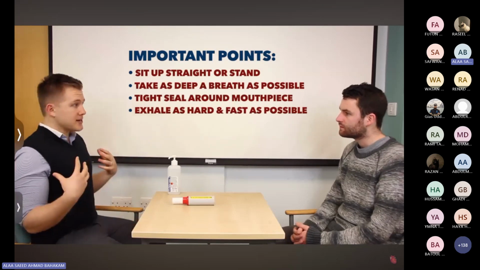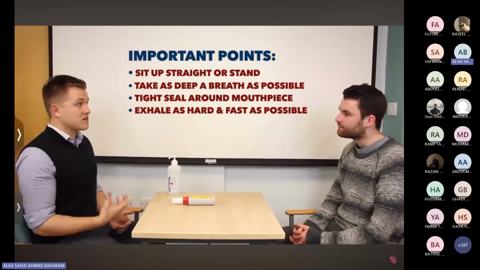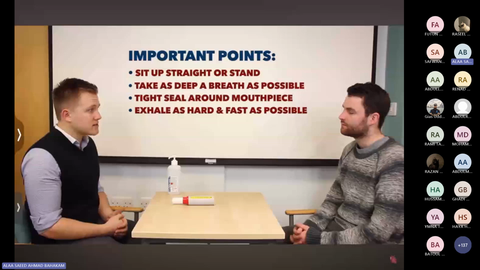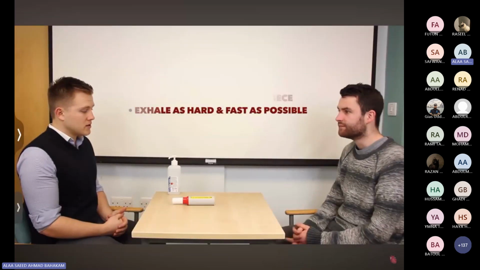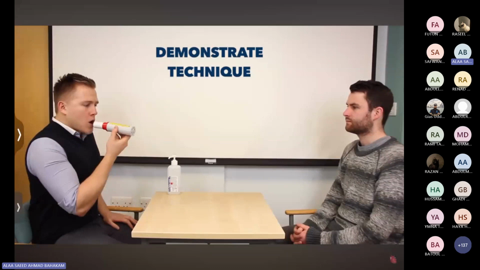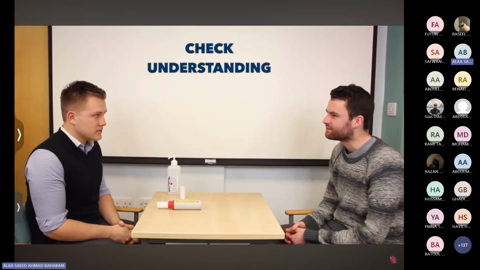These are to ensure that you're sat up nice and straight, to take a nice deep breath in as far as you can, to ensure that your lips are sealed around the mouthpiece, and to breathe out as hard and as fast as you can. Okay? I'm now going to demonstrate. You then need to look at the reading you get on the peak flow meter. Was that all quite clear? I think so, yeah.